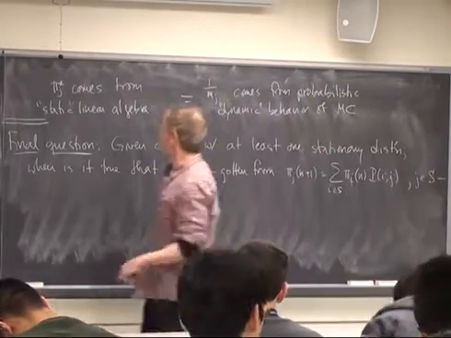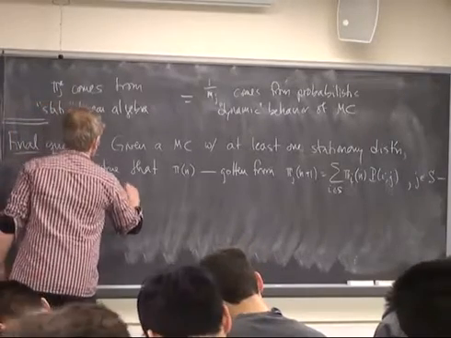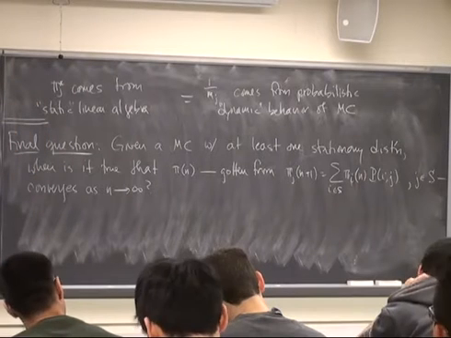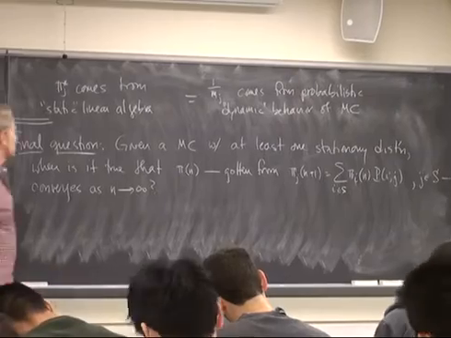When is it true that pi of n converges as n goes to infinity? Converges at all. And when, in addition, is it true that the limit is a stationary distribution?